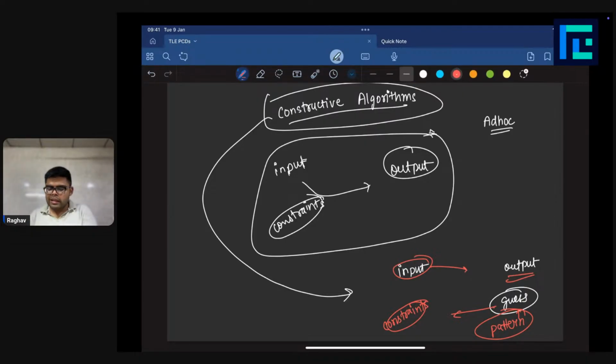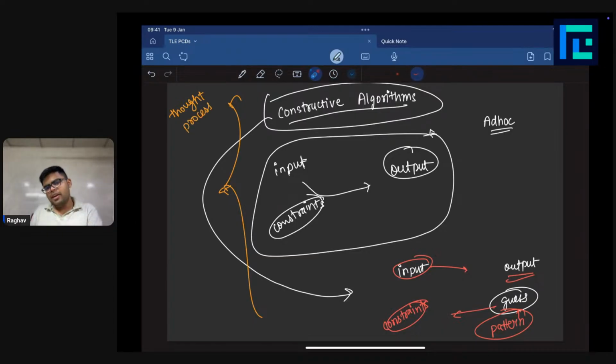So right now, all the discussion I did was just to tell you about the thought process, or the way of approaching a problem. My thought process for normal problems is generally that you have some input and you keep track of all the constraints that you have to follow while creating your output.